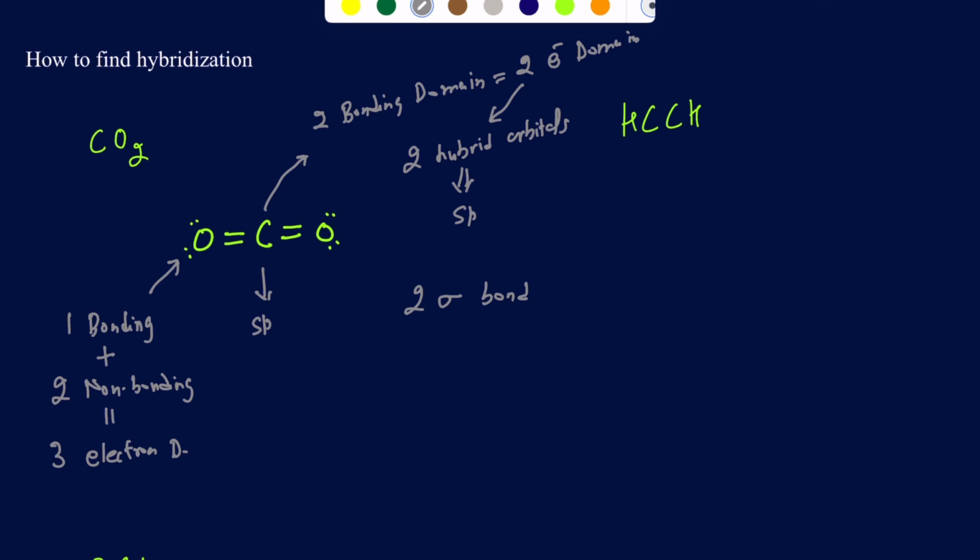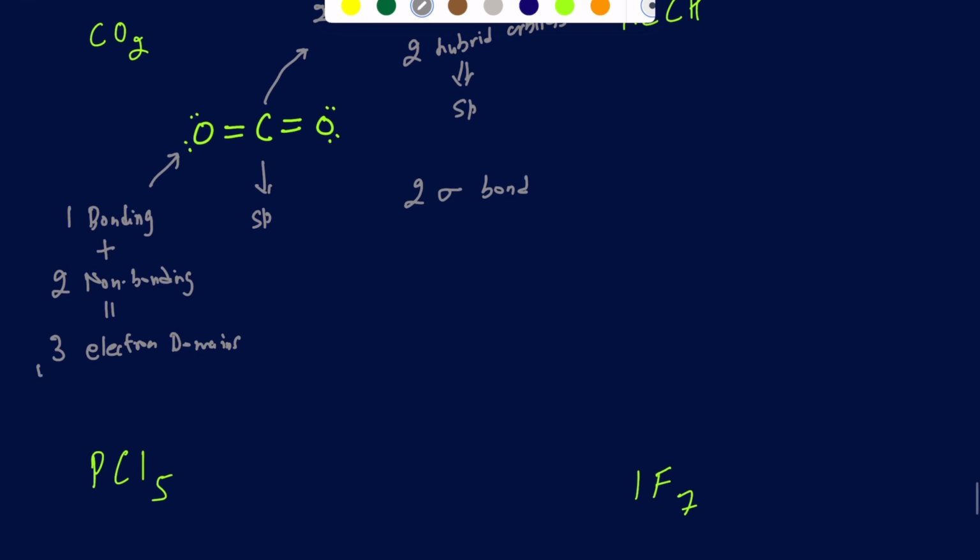If I have three electron domains, this tells me that I need three atomic orbitals to be hybridized, which gives me a hybridization of sp2. I get one from s and two from p to get a total of three orbitals hybridized. So this would have sp2, and this would also have an sp2.